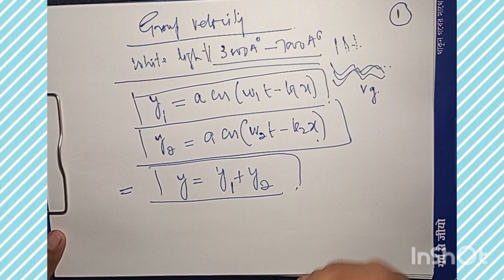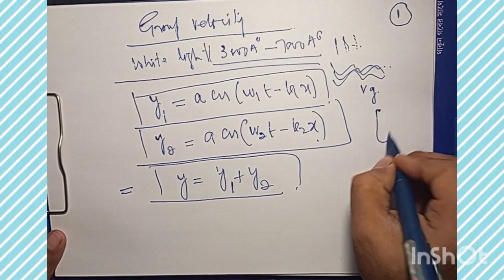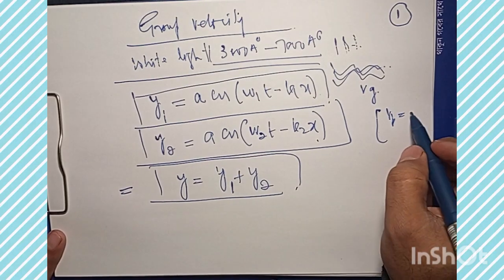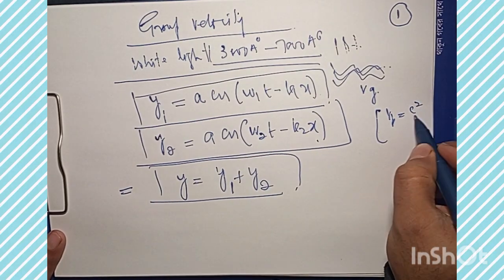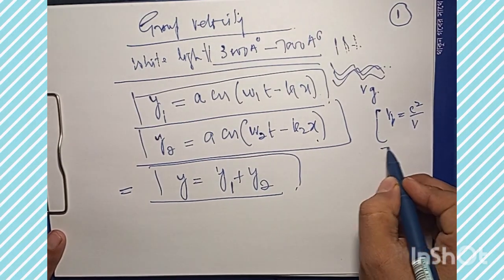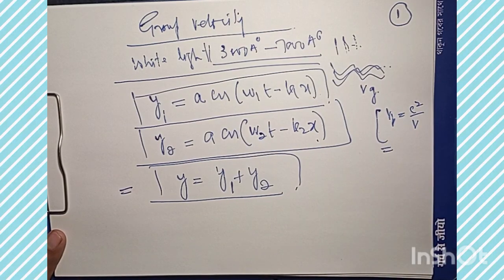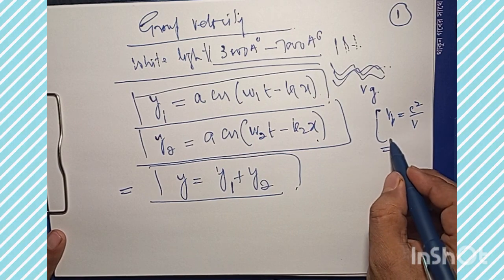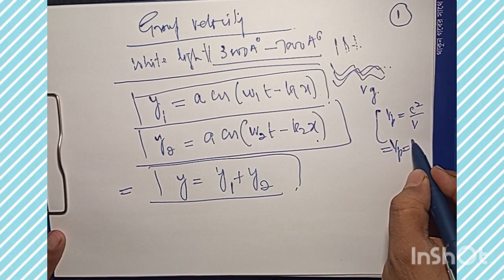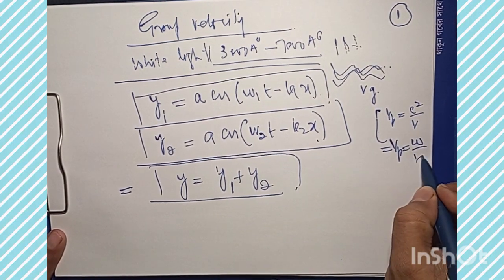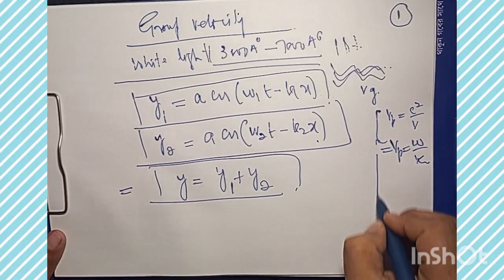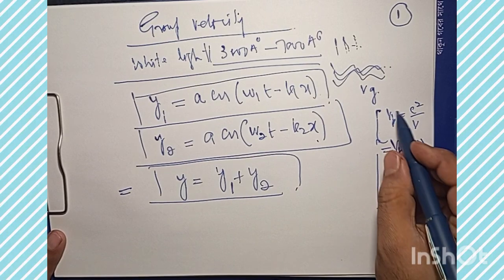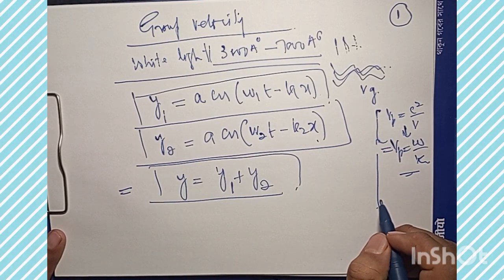And if I go back to the definition of phase velocity, what was it? It was c square by v, and we could write it in terms of omega and k. This vp is also equal to omega by k, and we can evaluate this from this equation itself, right?